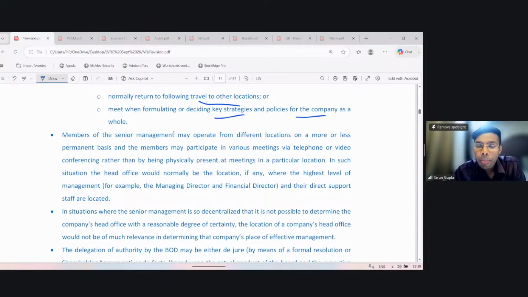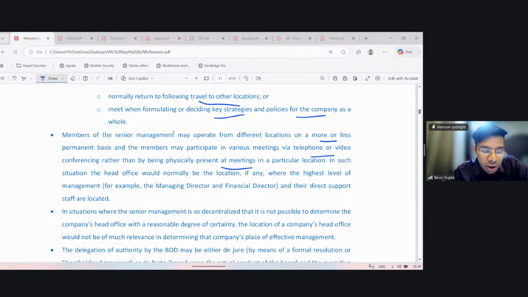Members of senior management may operate from different locations on a more or less permanent basis, and members may participate in various meetings via telephone or video conferencing rather than by being physically present at a meeting in a particular location. So with the growth of IT, this is possible.